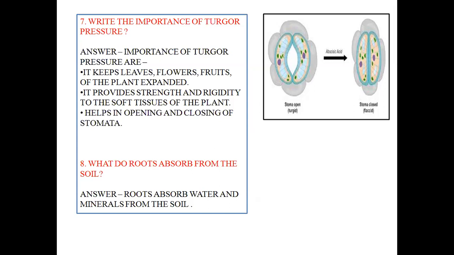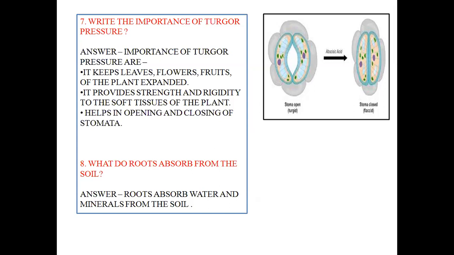That is why if water is available to those plants, they will get the strength to hold a rigid object. And even water gives rigidity to the soft parts like newly formed tissues, newly formed cells, which is present within flower, fruits, and so on.